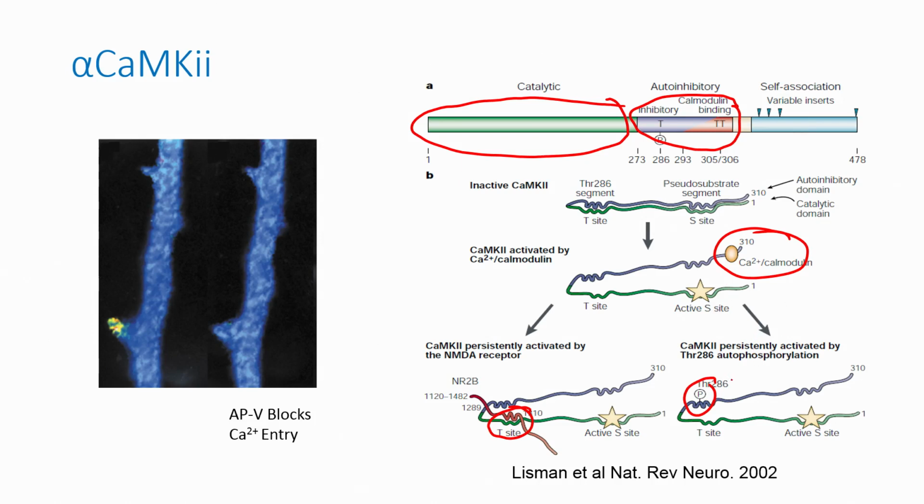The phosphorylation can happen by another molecule of its own kind. That happens at a particular residue, the threonine 286 site. When it does, it goes into a constantly active mode.